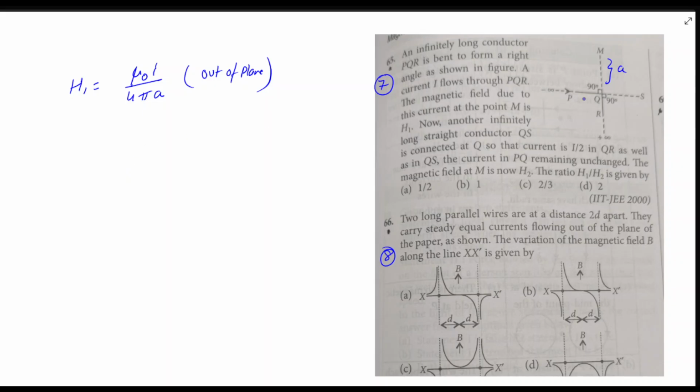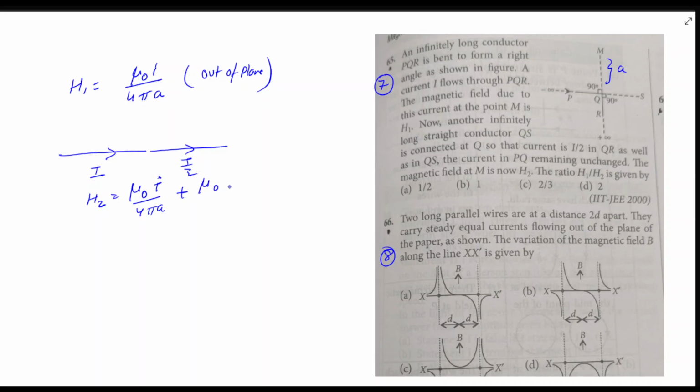Okay. Now, as soon as you connect a wire QS, so we have this semi-infinite wire having current I, but this section is having current I by 2. For the QR, there will be no magnetic field at P, right? So at this point the perpendicular distance is 0. So let's find H2. It will remain the same, mu naught I upon 4 pi A, but for this it will be plus.